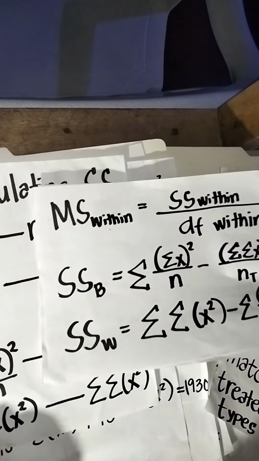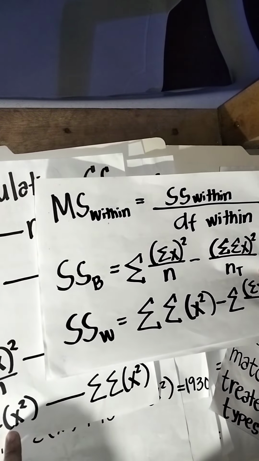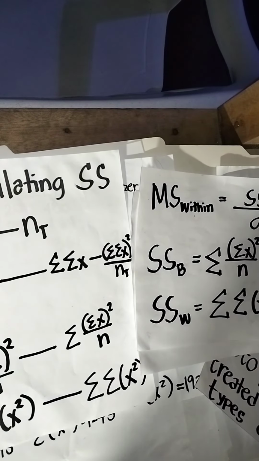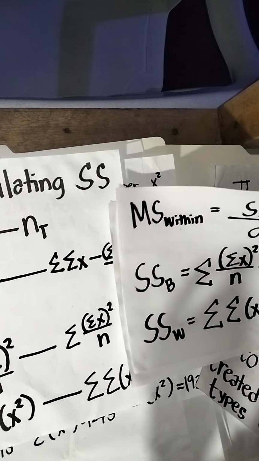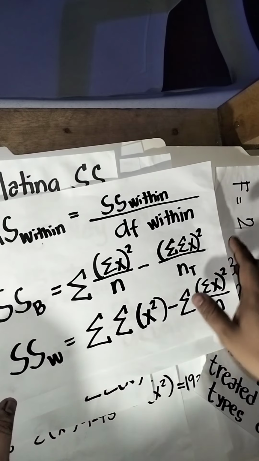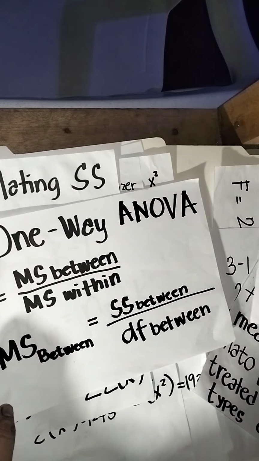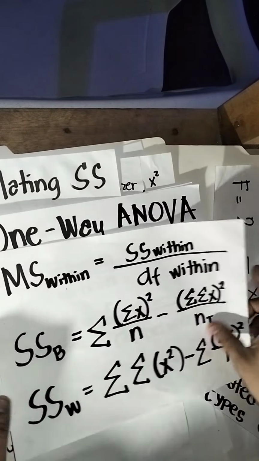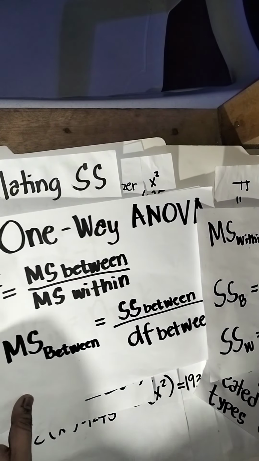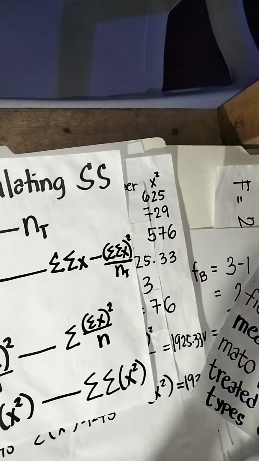So therefore, this is the very important data so that we will be able to get this specific data which we can input in our SSB and SSW, so that the result for the SSB and SSW will be used in MS within and MS between for us to have the F statistics. So bear with me for an ample amount of time.